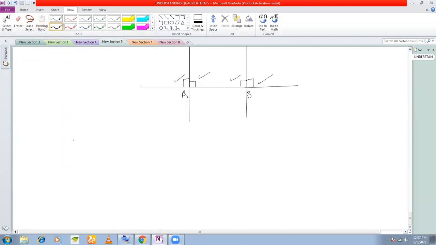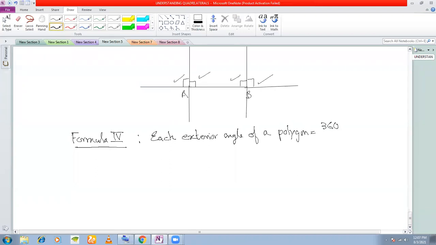Fourth formula, and the last one also from polygons, then we can move on to problems after this: each exterior angle of a polygon is equal to 360 degrees divided by n, where n is the number of sides.